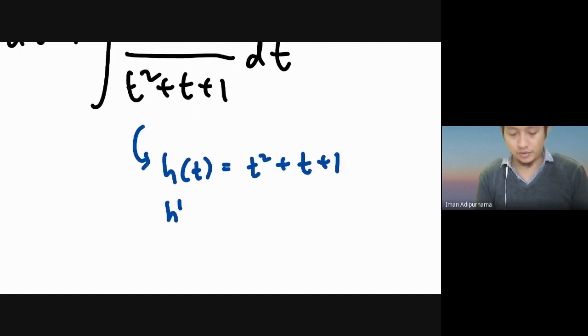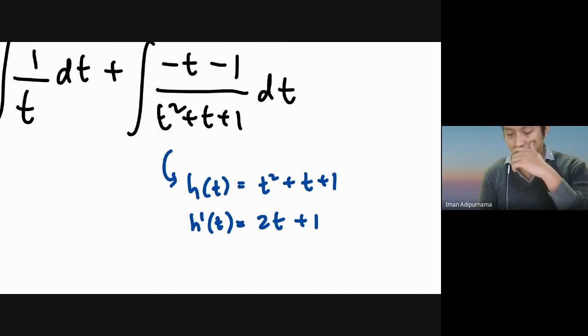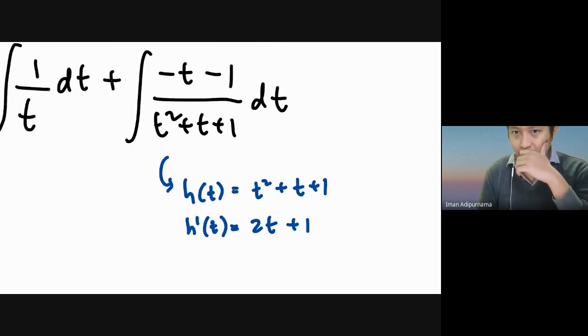If we try to find the derivative, this should have 2t plus 1, right? 2t plus 1. But in our case, we still have negative t minus 1.